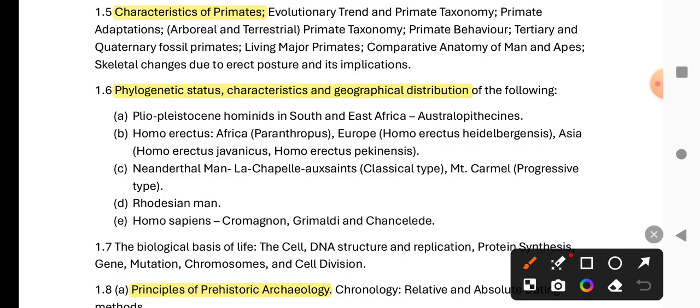And some primitive tools made by the first hominids have also been found here, like flakes, hand axes, and various shapes of stone tools.